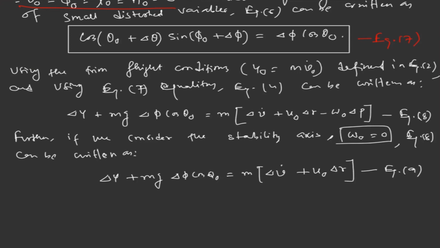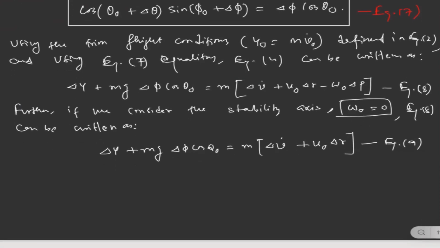Now we have to consider how delta y, the part of force along the y-axis, gets affected and what are the variables involved for generating delta y. Let's look. Let me write some notes.